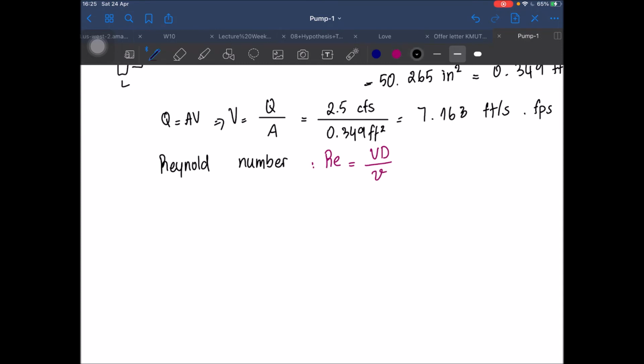So we have RE, the Reynolds number, equals 7.163 feet per second multiplied by D.